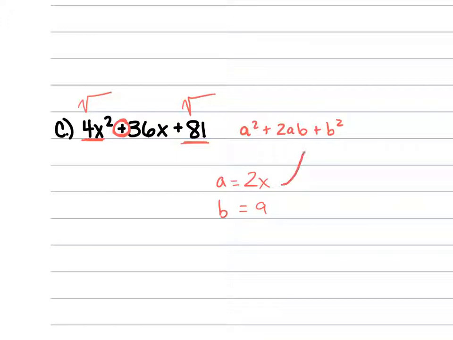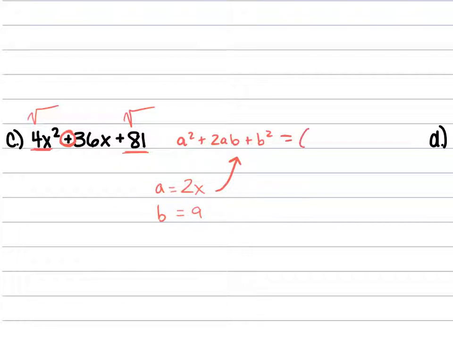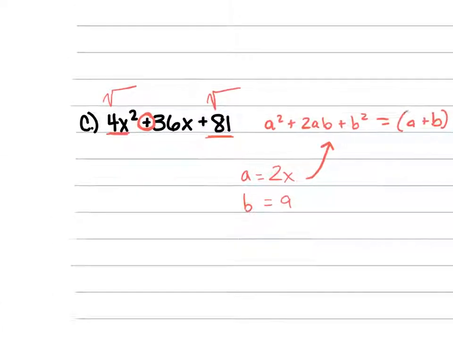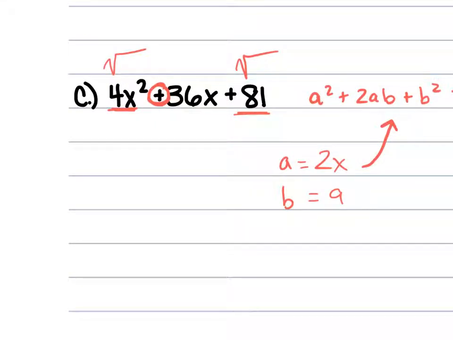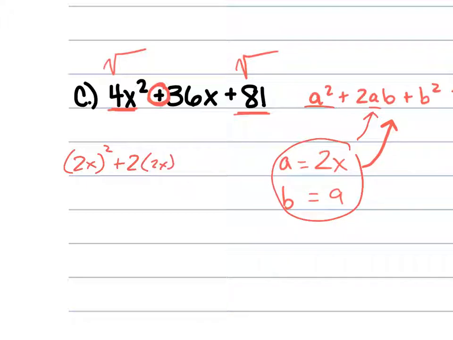If I plug these in there and it works, then this will be the exact same thing as a plus b times a plus b, which is a plus b squared. So check it out. I'm going to plug these two things into that equation. I've got 2x, and it needs to be squared, plus 2 times a, which is 2x, times b, which is 9, plus b squared.